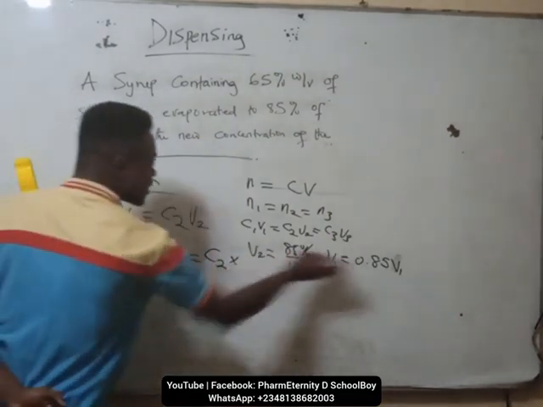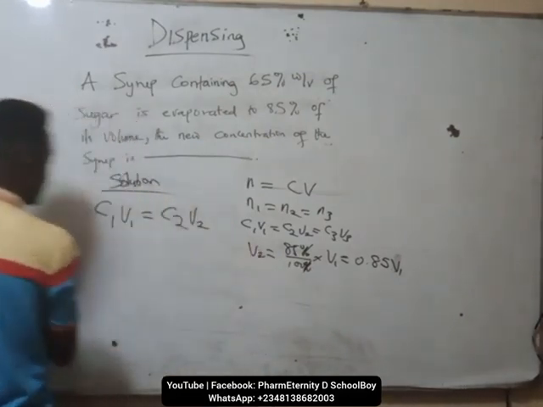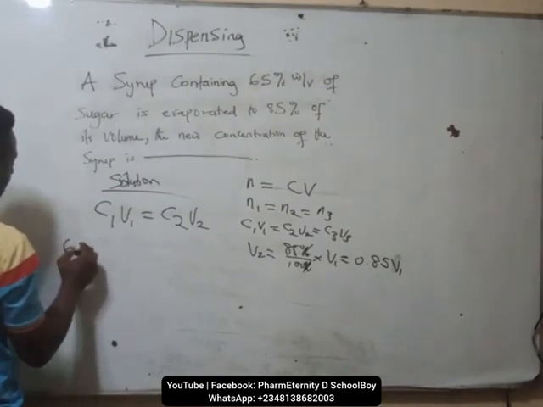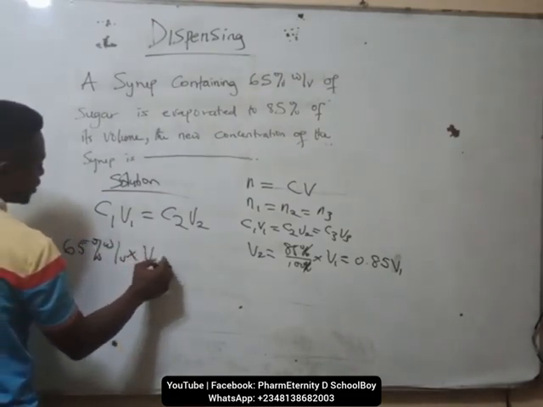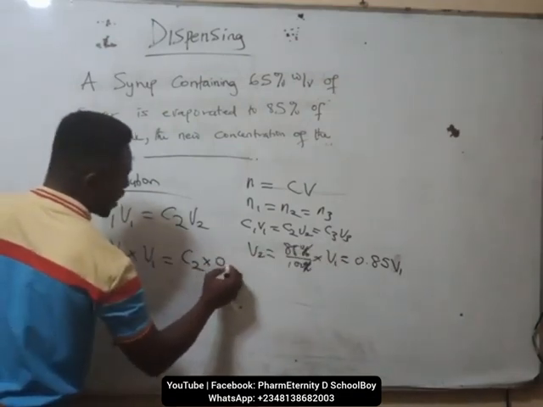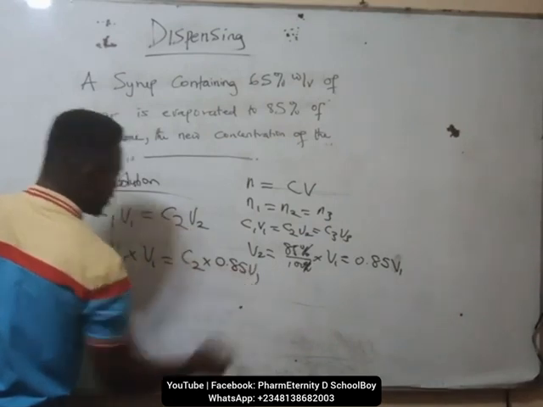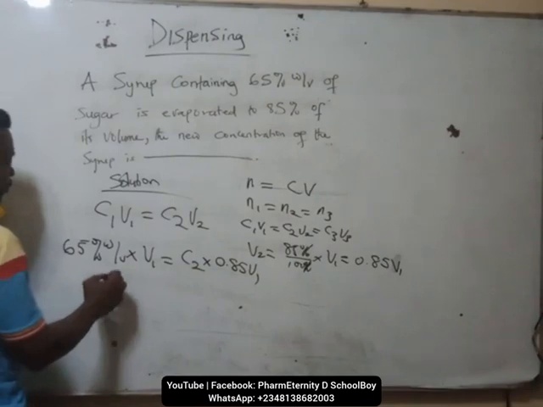We replace V2 with this. So we have 65% weight in volume times V1, which is equal to C2 times 0.85 V1. Let's make C2 the subject of the formula.